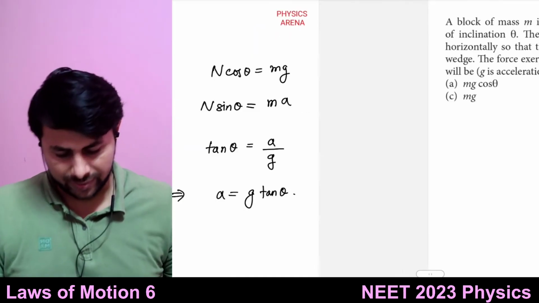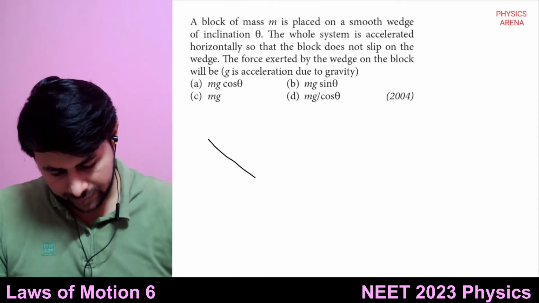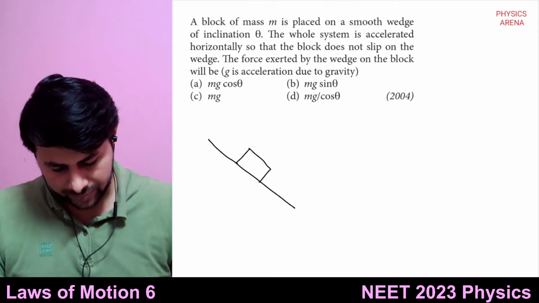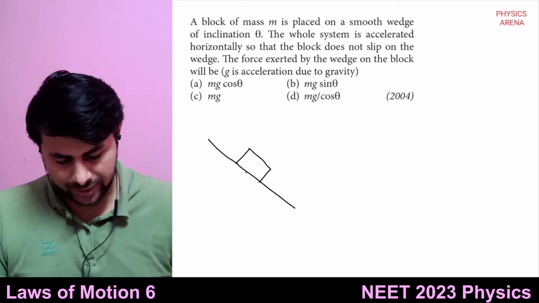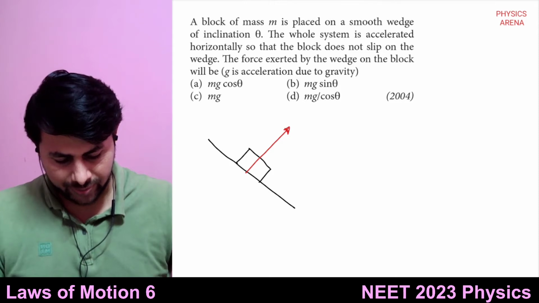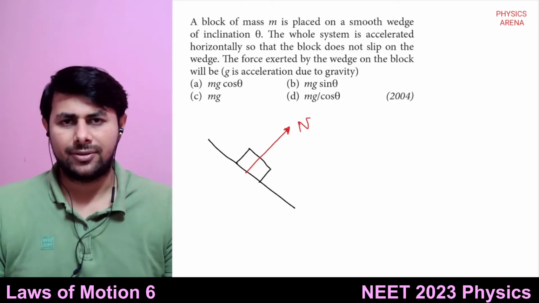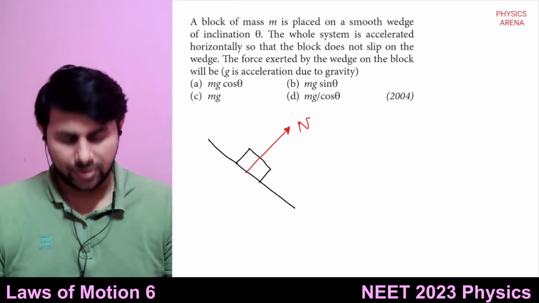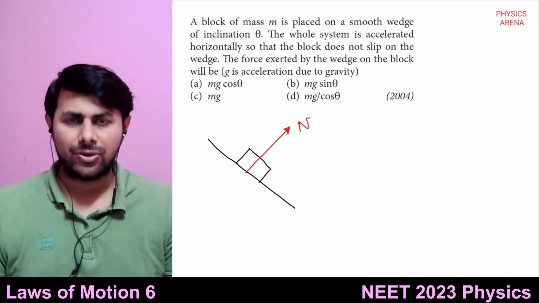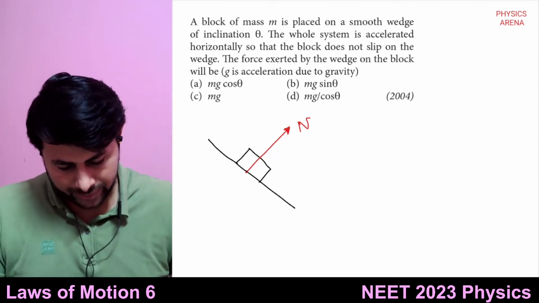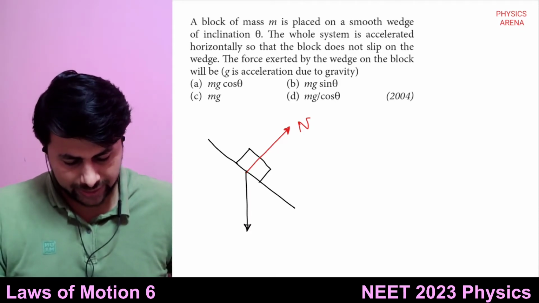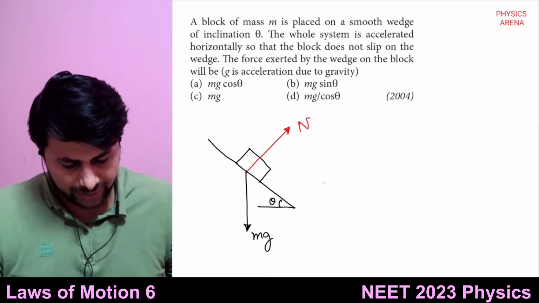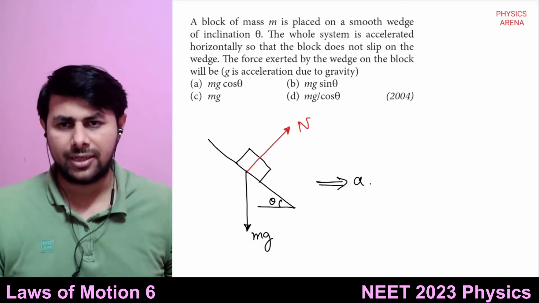This problem is similar. See, there is this wedge and this block. Okay, so force exerted by wedge on the block is equal to the normal reaction. So how much is that? That we have to find out. Okay, so there is another force which is acting downwards. Mg is acting downwards. This angle is theta, and the system is given acceleration a.